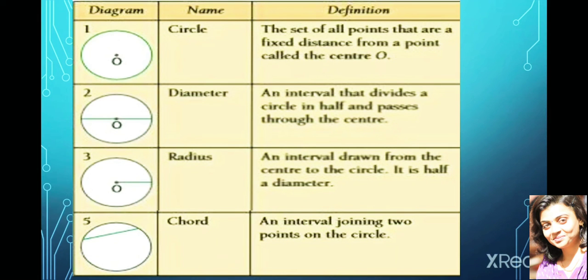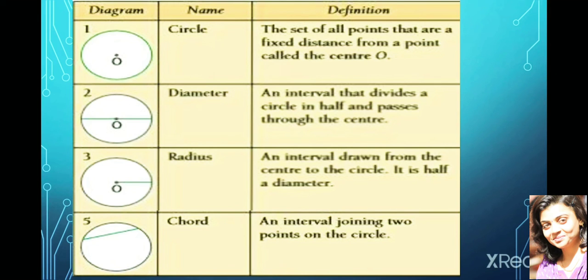First one is the definition of center. The set of all points that are a fixed distance from a point called the center. Can you see that dot which is in the center? That is the center of a circle. The next is diameter. An interval that divides a circle in half and passes through the center.